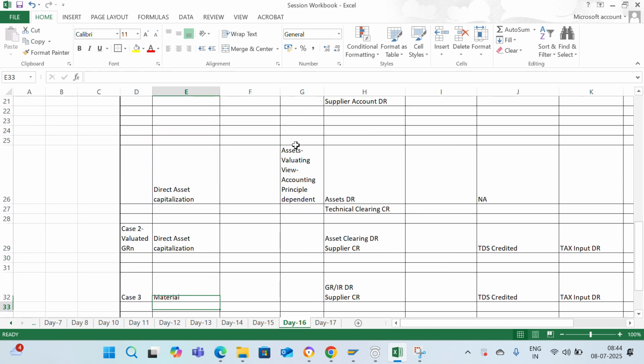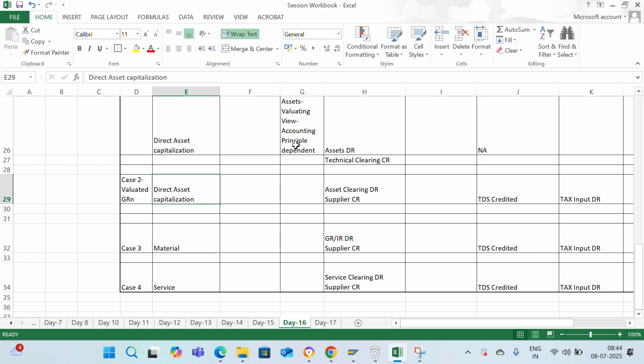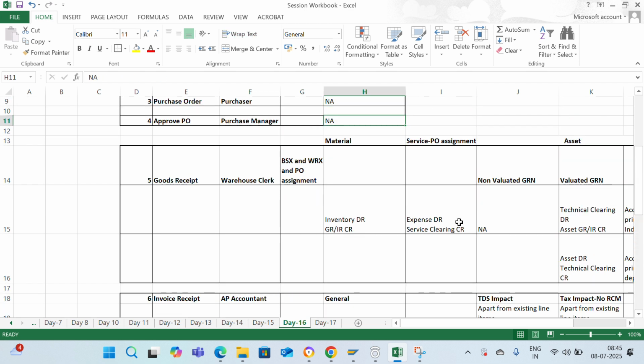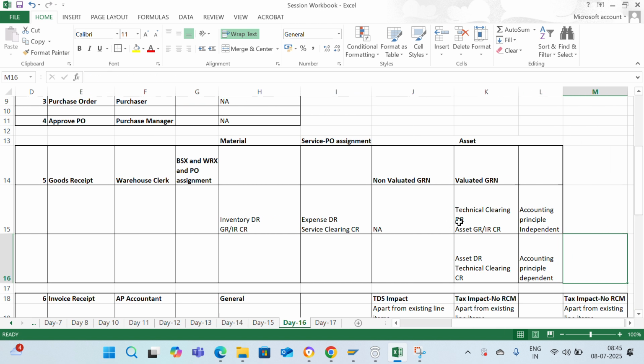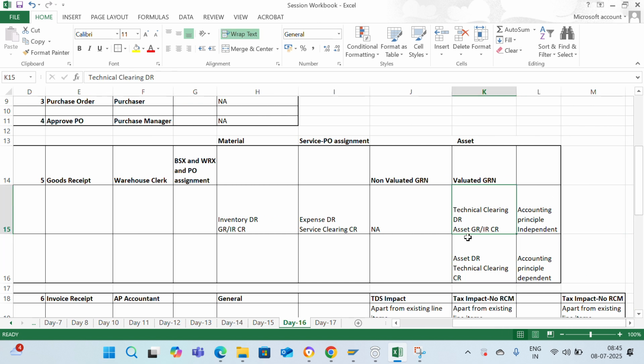Coming to case number 2, wherein the GRN is valuated, means the asset is already capitalized at the time of GRN entry. So what happens at the time of invoice entry? The supplier is credited and the asset clearing account is debited. You see, asset GRIR account is nothing but the asset clearing account.